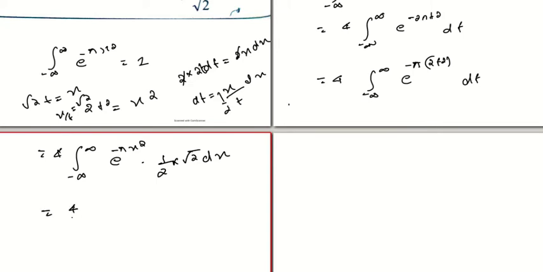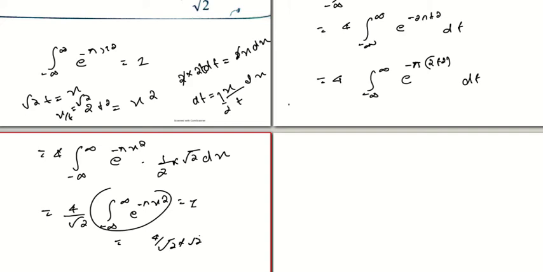Okay, so it will be divided by root 2 into integral minus infinity to infinity e raised to minus pi x square dx, and this will be equal to 1. So the answer will be 4 divided by root 2.